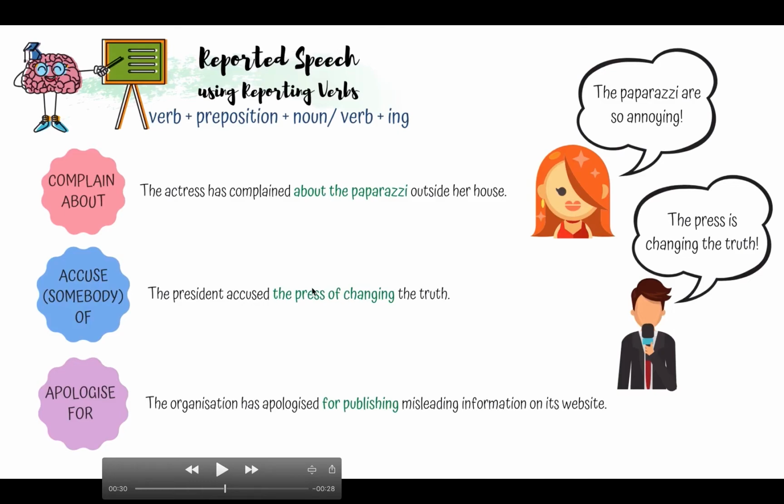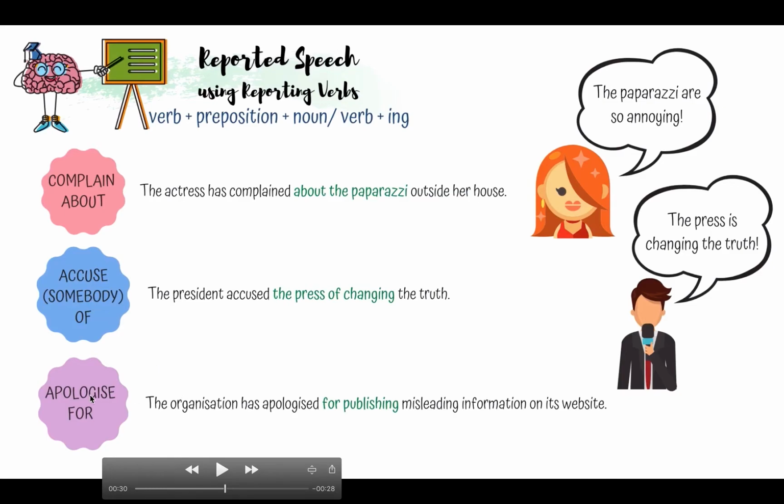Of changing, so here we have our of, which is our preposition. And then instead of using a noun, in this sentence, we're using a verb. So the verb is change in the ing form, changing the truth. So when you see someone accusing someone, we use this formula.